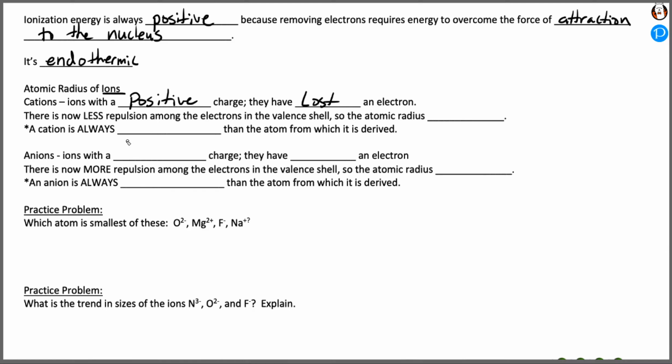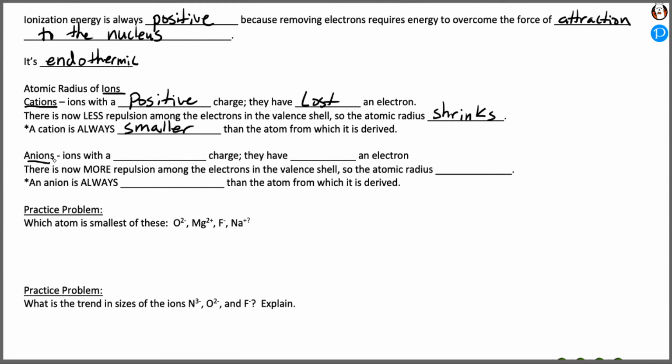When they lose electrons, there's less repulsion among those electrons in that valence shell, and so the atomic radius shrinks. So it gets smaller. Cations are always going to be smaller than the atom from which they were derived, because they're losing electrons, there's less repulsion, and so they're able to get pulled closer to the nucleus.